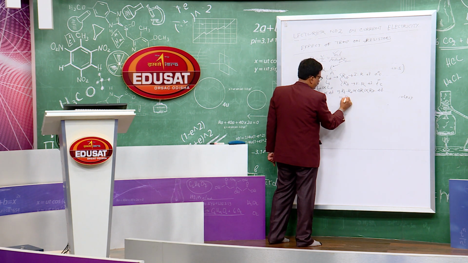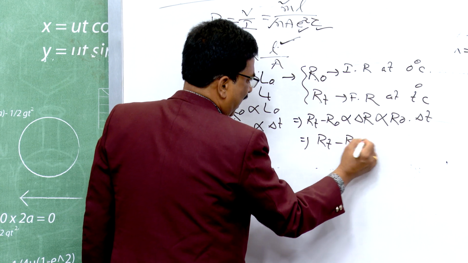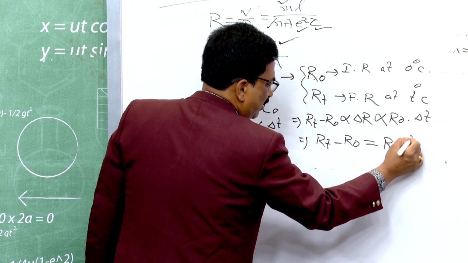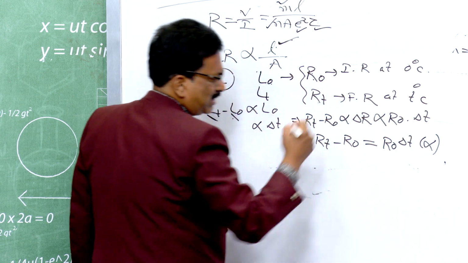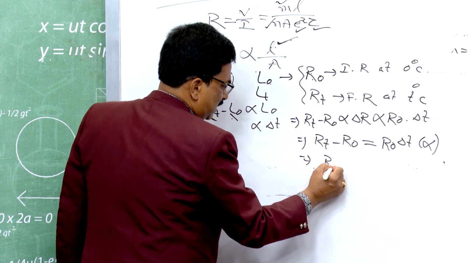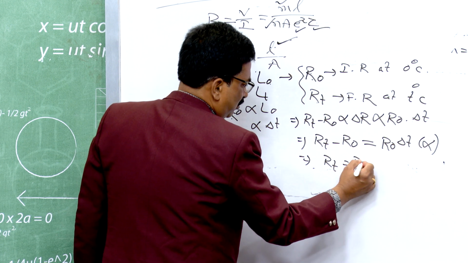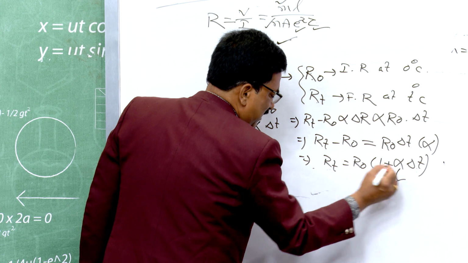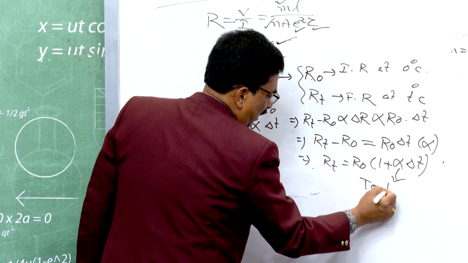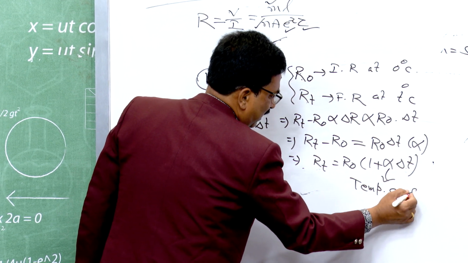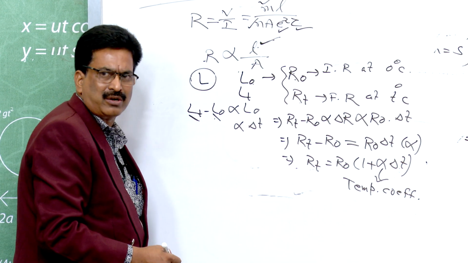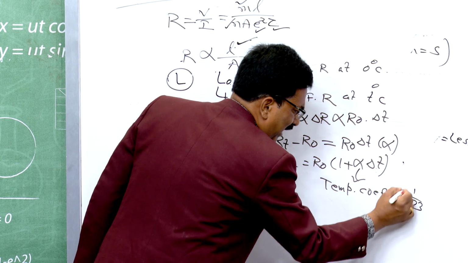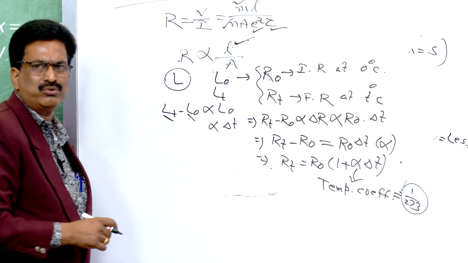So RT minus R0, if we make it equal, is R0 del T with some constant alpha. This implies RT is equal to R0 into 1 plus alpha del T, where alpha is known as the temperature coefficient, and its value for almost all metals is equal to 1 by 273.